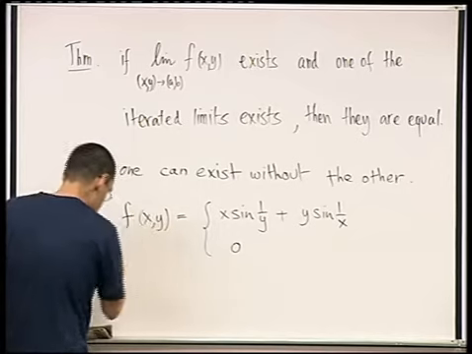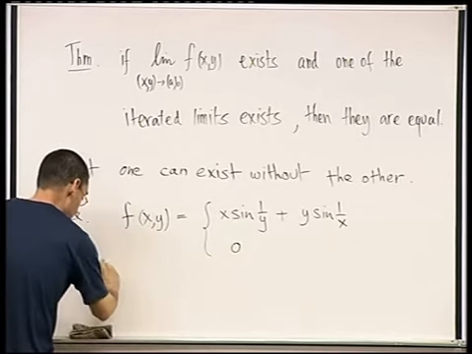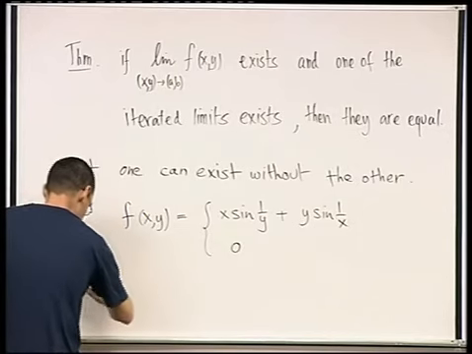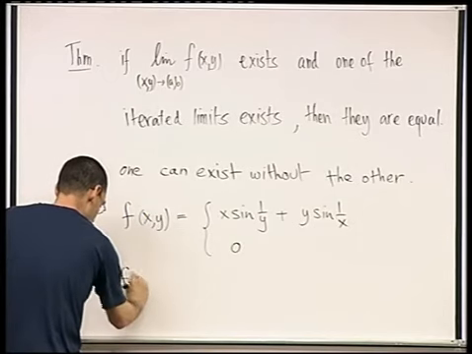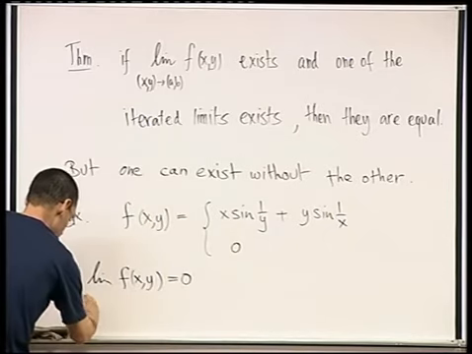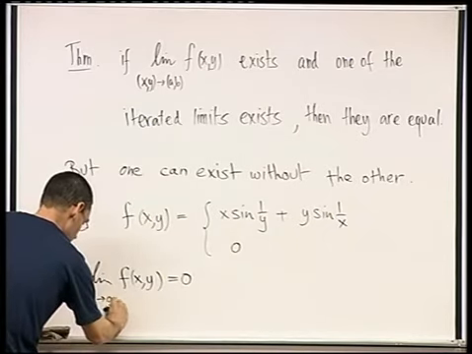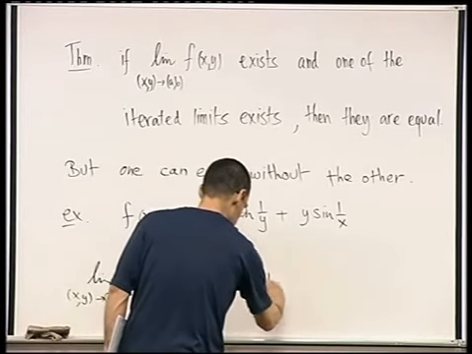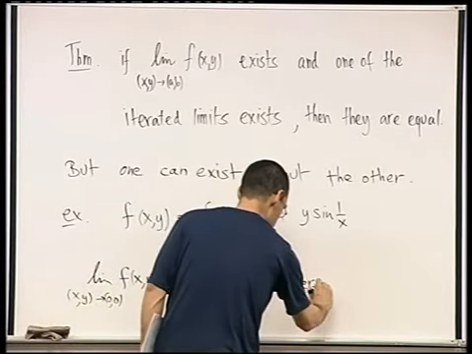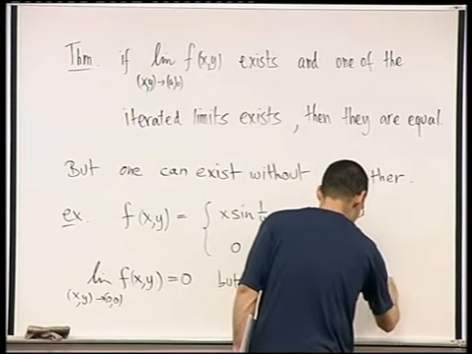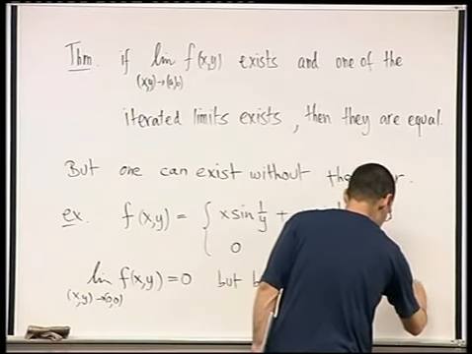So here, in this example, the limit, we just proved it. The limit of f(x,y) equals 0 as (x,y) goes to (0,0). But both iterated limits don't exist.